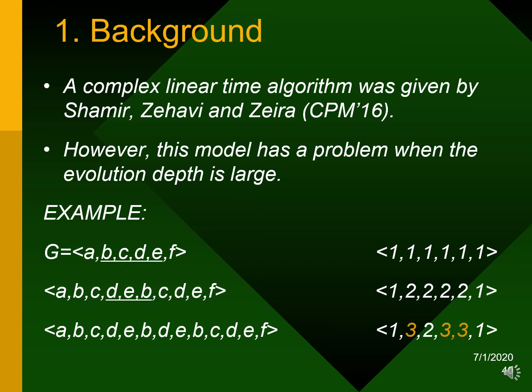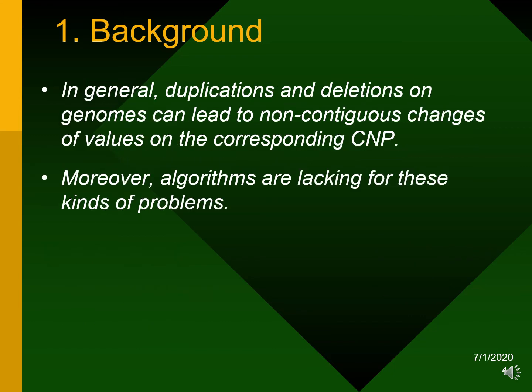In other words, if you go directly from CNP to CNP, you cannot do it with 1 duplication, but on the string, you can. So there is a discrepancy here. In general, duplications and deletions on genomes can lead to non-contiguous changes of values on the corresponding CNP.